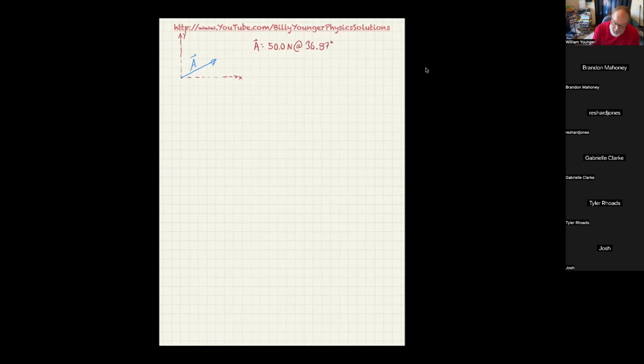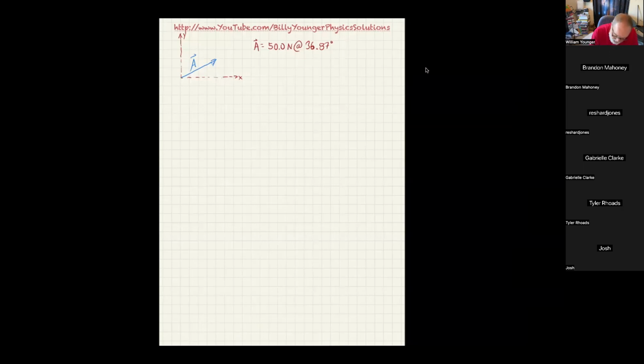Now, notice how I wrote that. I wrote a magnitude, and then I just wrote the symbol at, and then wrote a degree. The rule is if someone says a vector is at such and such an angle and does not give any more qualifiers like south or north or compass heading or west of south or anything like that, then you're supposed to interpret that 36.87 as being in standard position as you learned in trig, which means a positive angle would be measured counterclockwise from the positive x-axis.